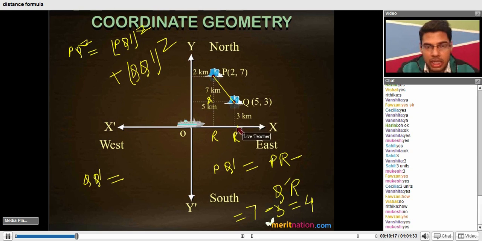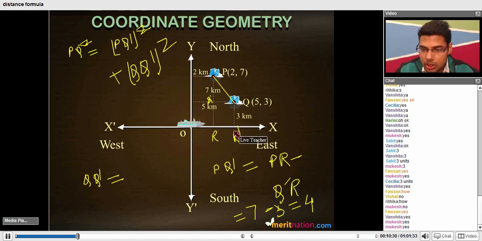Right? So can I now say this QQ dash is nothing but this total distance minus OR? Yes? All of you agree? QQ dash is nothing but this total distance minus OR. Any doubt in this? So QQ dash is nothing but RR dash.